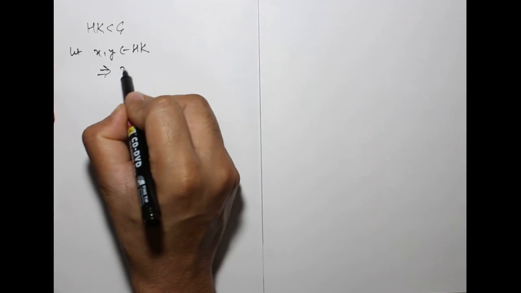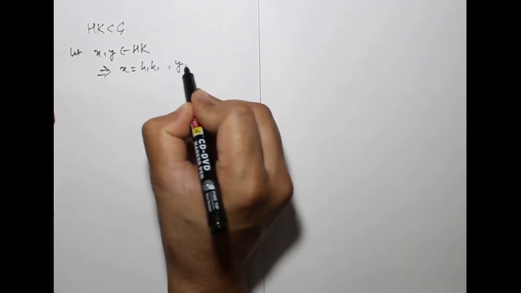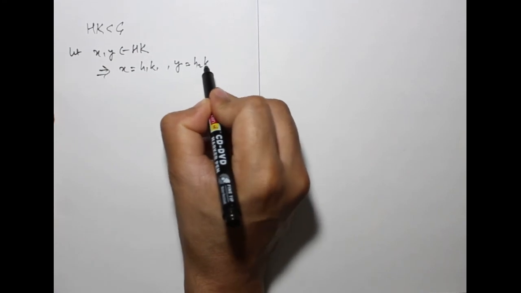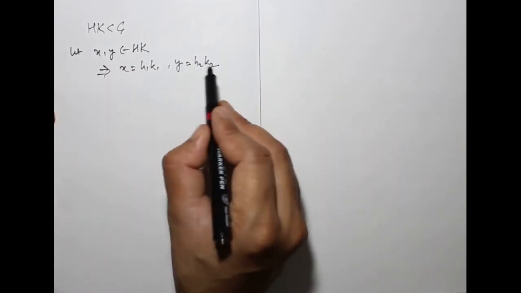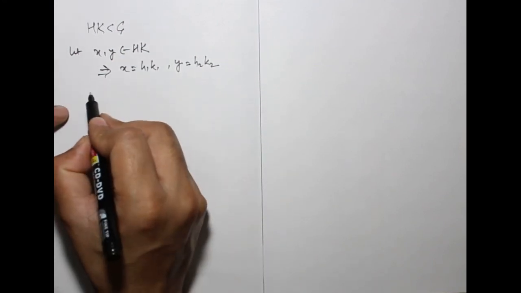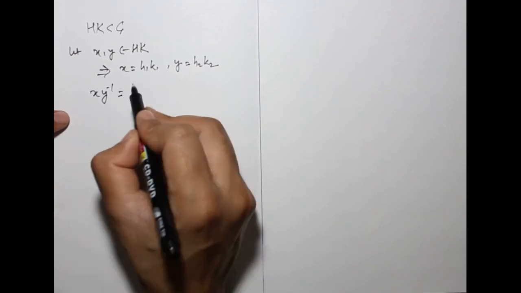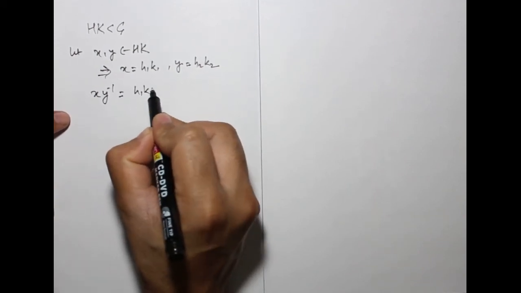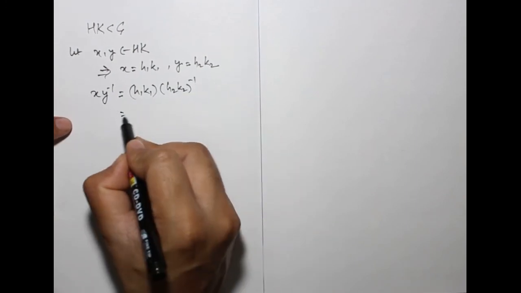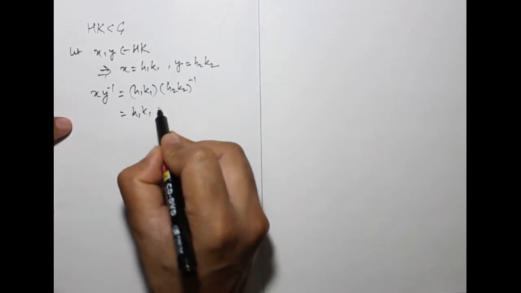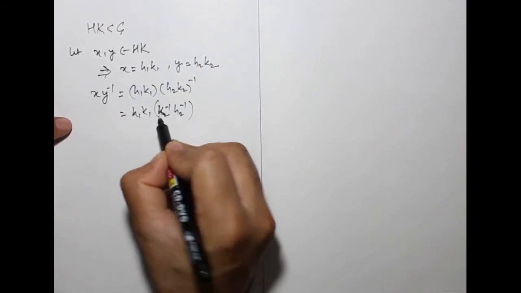What elements will HK have? Elements of type h1 k1 and h2 k2, where h1, h2 belong to H and k1, k2 belong to K. x y inverse can be written as h1 k1 into the whole inverse of h2 k2. We can write this as h1 k1 k2 inverse h2 inverse by reversal law.